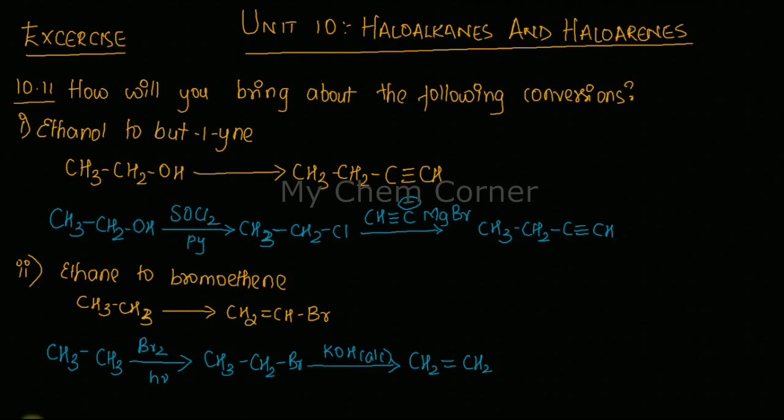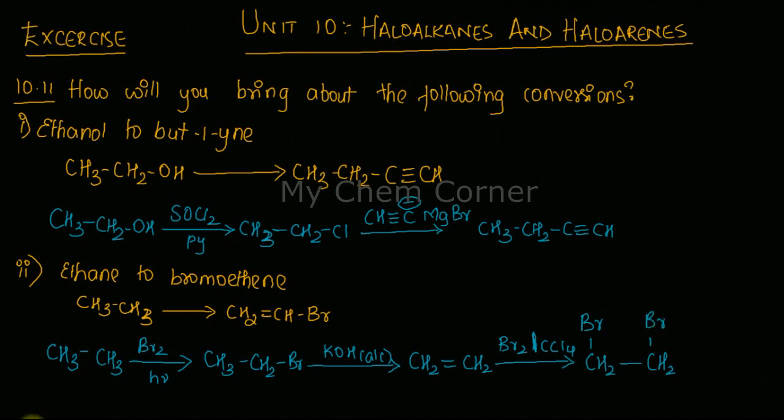Okay, now in the next one, I'm going to add bromine in CCl4. Now when I add bromine in CCl4, what will happen? I'll get a dibromo compound. So here I'll get a Br and a single bond with a Br.